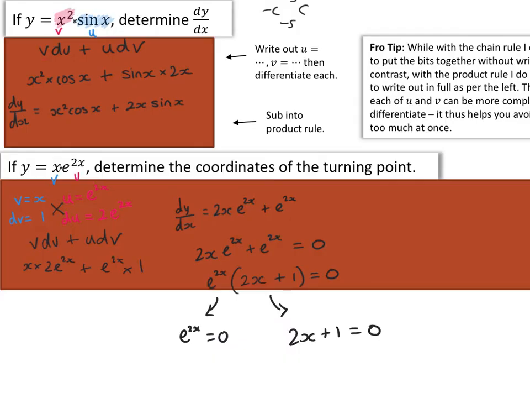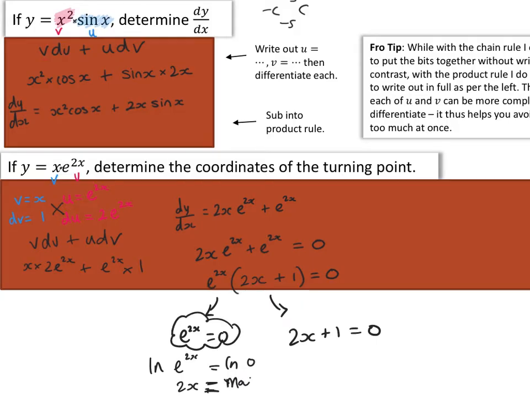Okay, we're going to ln both sides to get rid of the e. Ln e to the 2x equals ln of 0. So then I'm going to get 2x. And then what happens when I put ln of 0 into my calculator? Math error. Absolutely.